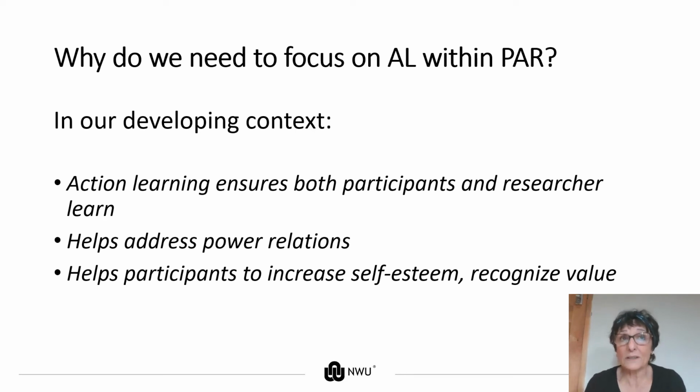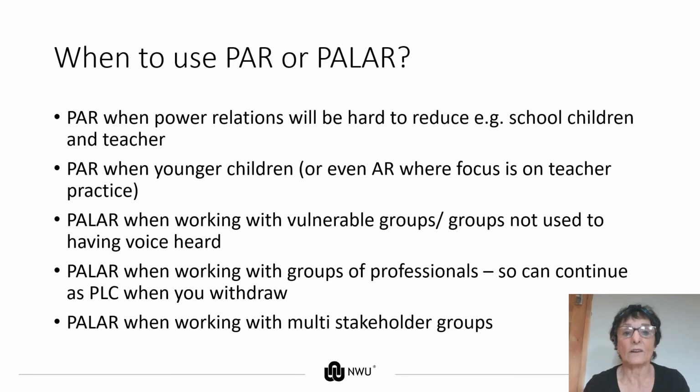People are used to just sitting there and being told what to do. So when you form the action learning group, you actually have to work very hard at getting people to feel comfortable to voice their opinions, at valuing them, and so on. It ensures both participants and the researcher learn, because we also have to learn to change and learn from the community. It helps to address power relations, and it also helps the participants to increase their self-esteem, to recognize that what they have has value.